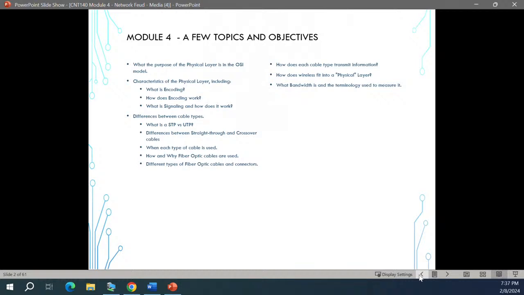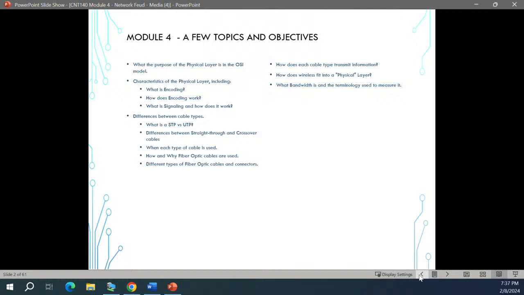No, but it can understand if the electricity is turned on or off. There are different types of encoding that describe exactly what the media is looking for, like low to high voltage or high to low voltage, and which one represents a 1. That works together with signaling.